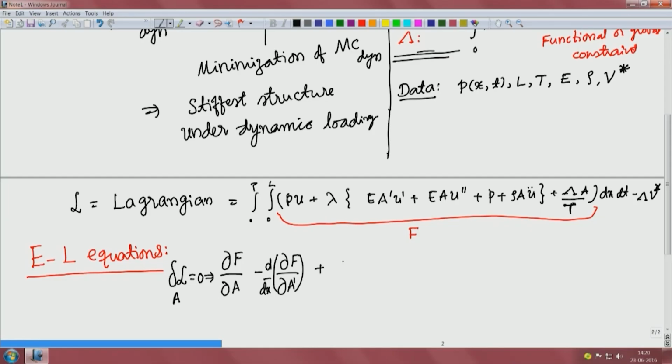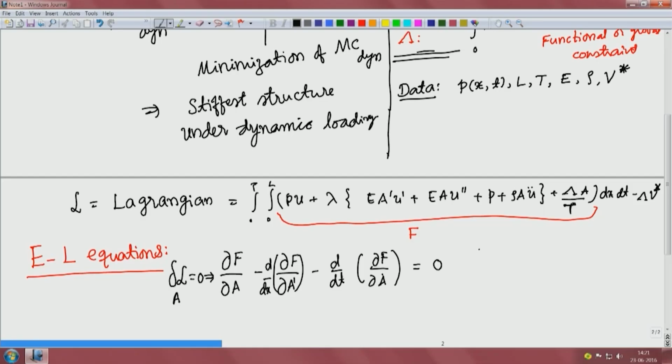Plus d square by dx square, we do not have that actually, a double prime is not there. So, this term is not needed, but instead we have the time term, d by dt of dou f by dou a dot, that is also not there. So, it does not matter. f has only a and a prime. That is all we would have, and we equate it to 0.